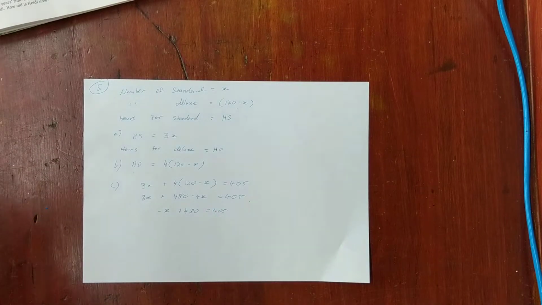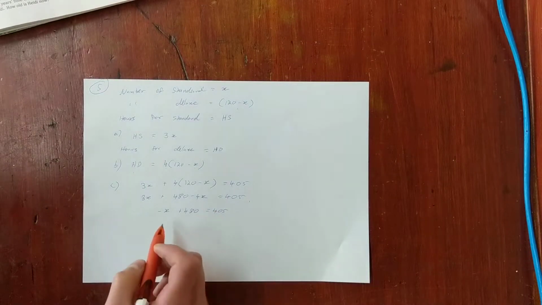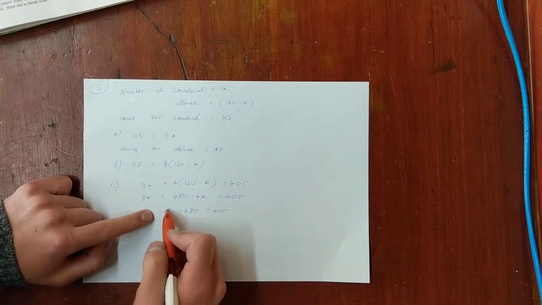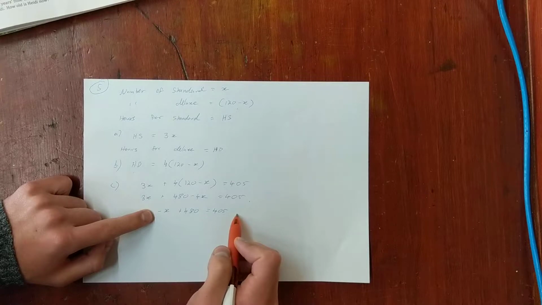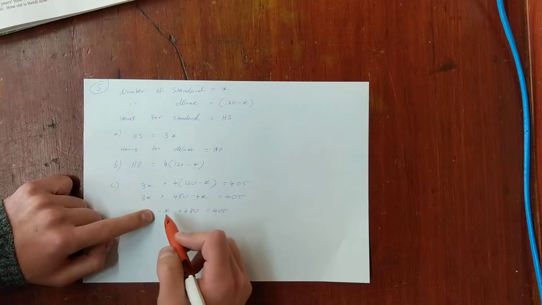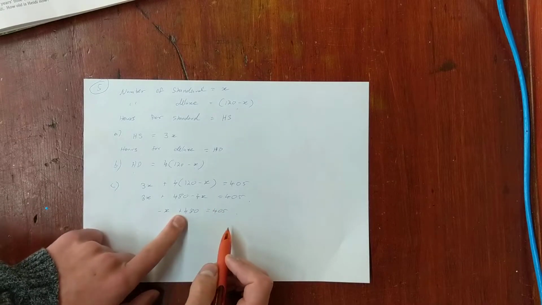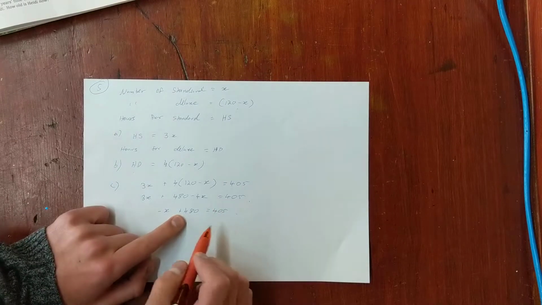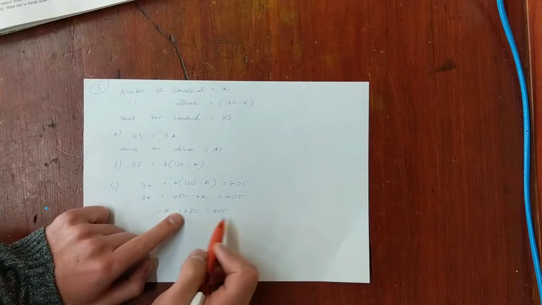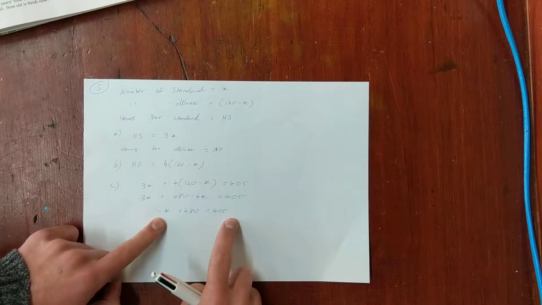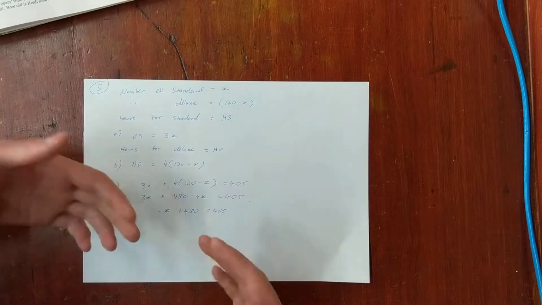Now there's 2 ways I could proceed from here. I can either say, I need that x to be positive, right? So I can either say, let's move that x over to this side to get a positive x, and then we'll minus 405 from both sides. Or I could say, let's just minus 480 from both sides, so that I'll get a negative on both sides of the equation, and then I can get rid of the negative. Either way is the same.